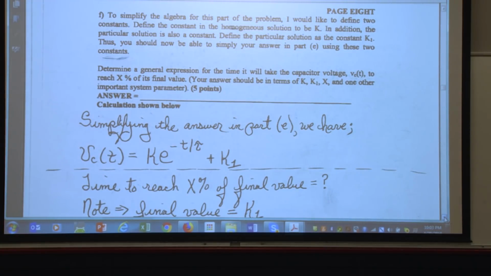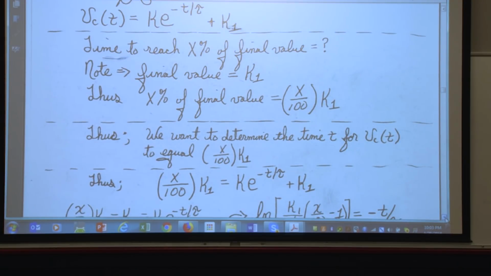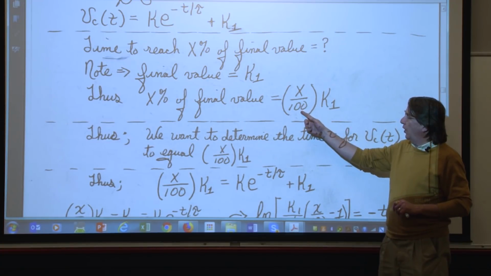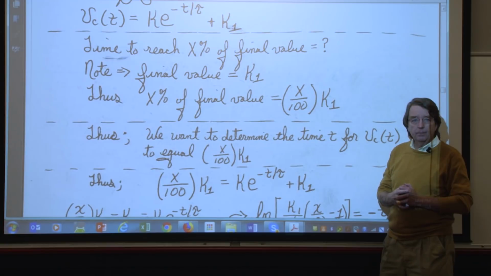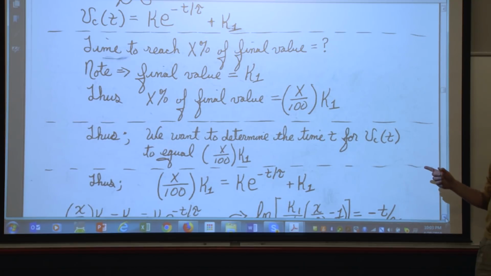So I come down here and say, OK, we want to reach X% of the final value. X% of the final value is X over 100 times k1. Now, we want to determine the time it takes for V sub c to equal that quantity.